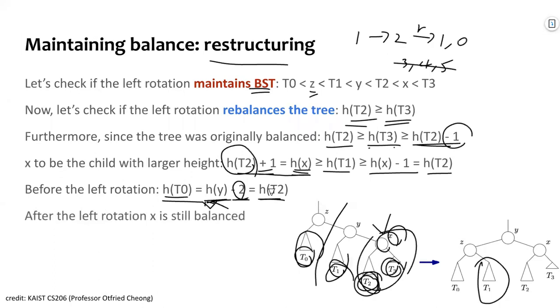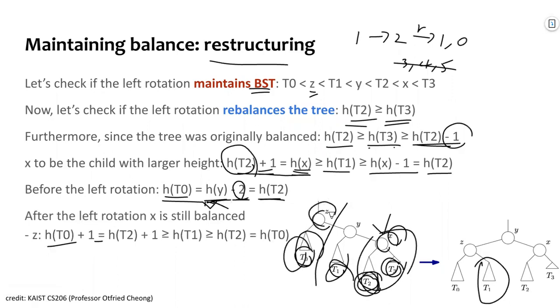And after the left rotation, X is still balanced. And let's think about Z. The height of Z is height of T0 plus 1 node, Z.